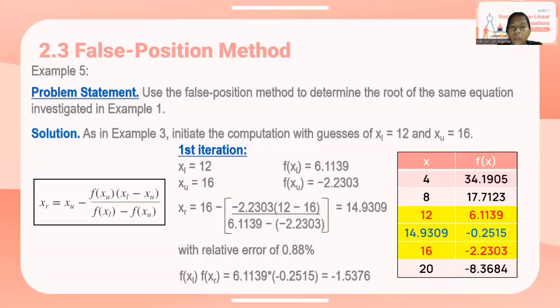The f(xu), which is 16, equals negative 2.2303. xr was 16 minus negative 2.2303 times (12 minus 16) over (6.1139 minus negative 2.2303).